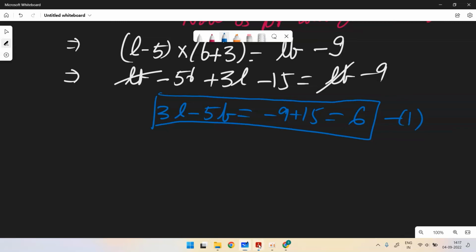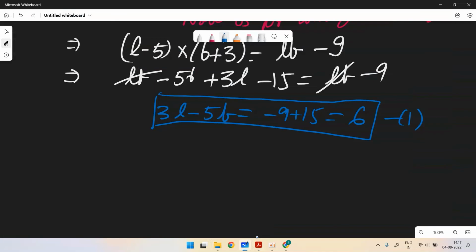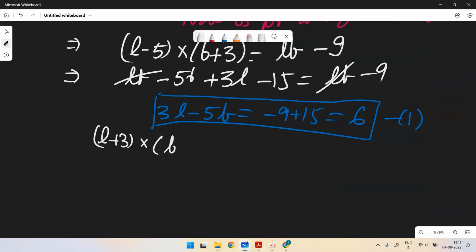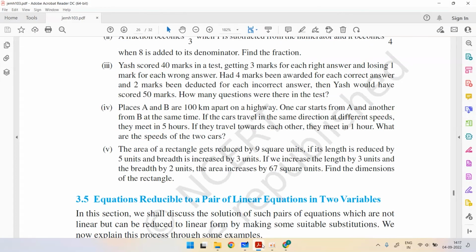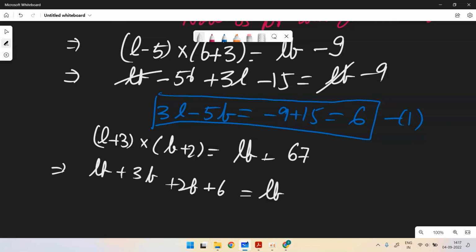Now for the second equation, if we increase the length by 3 units and the breadth by 2 units, the area will increase by 67 square units. If you open this, it is LB plus 3B plus 2L plus 6 equals LB plus 67.